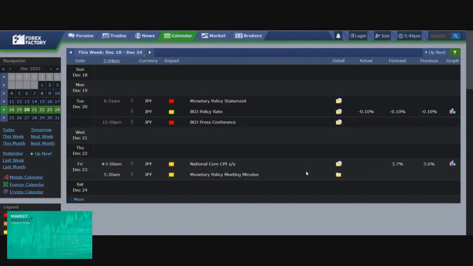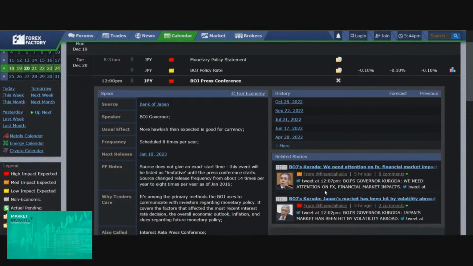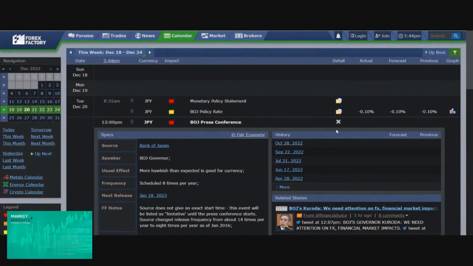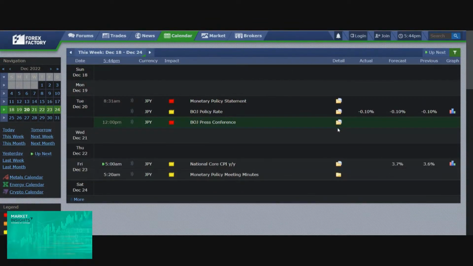As of now, we have seen a very good movement during the BOJ's press conference, in which the chairman of the Bank of Japan, Mr. Kuroda, was constantly making the point that the Japanese market is going to be under pressure in 2023, and we need to provide certain easing measures to the market.